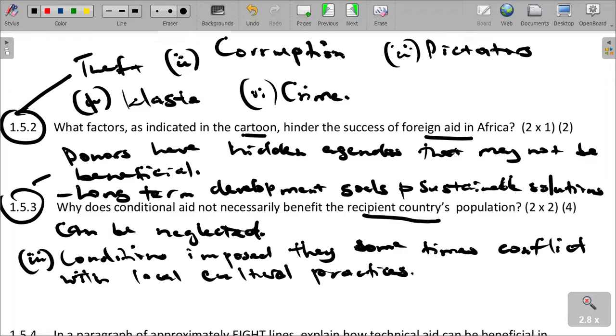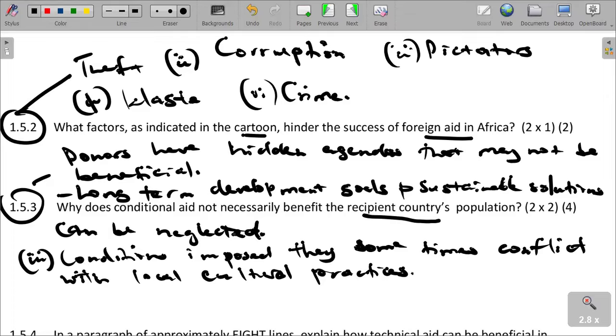So therefore, what happens is that people cannot benefit from that donor because of those conditions that are set on the donation. That can also be a problem.